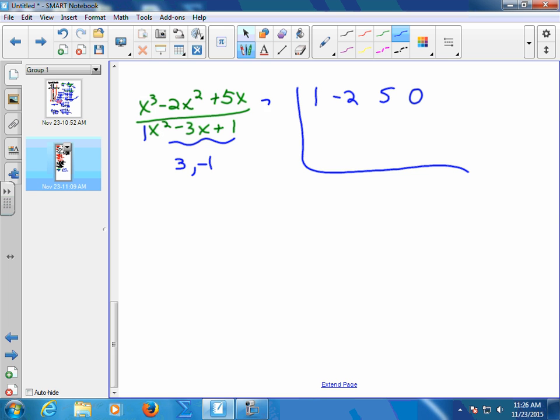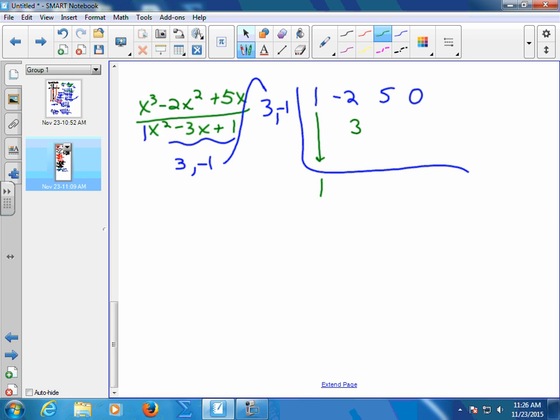So we're going to take these out and put them right here, just like we did with the other ones. Now remember, we always multiply from the left to the right. It's just this time, you have 2 things to multiply. So start by bringing down your 1. You need a starting place. From the left, 3 times 1 to the right: 3.